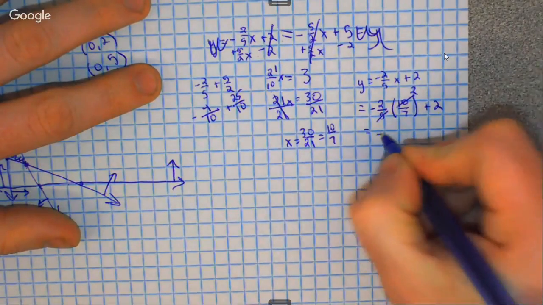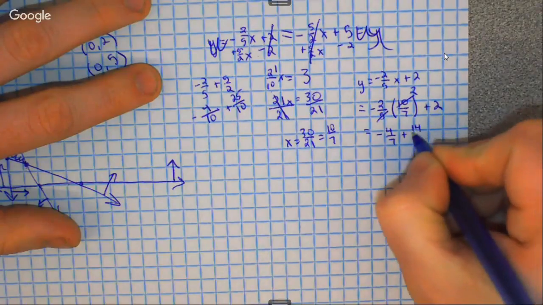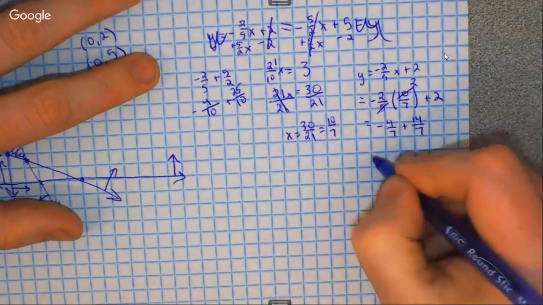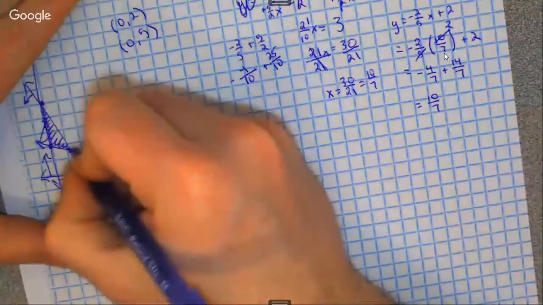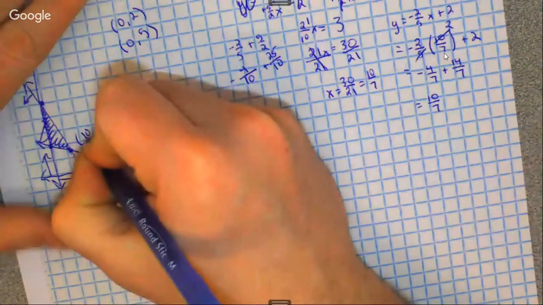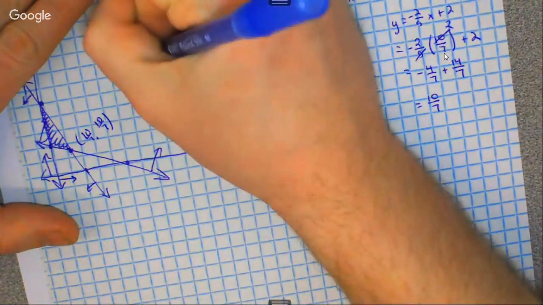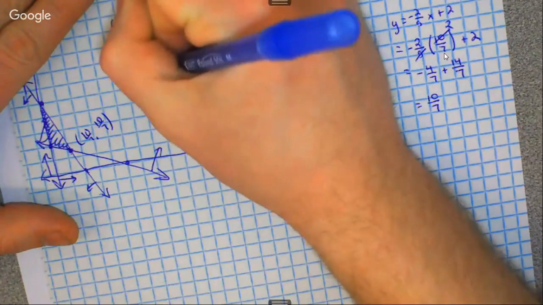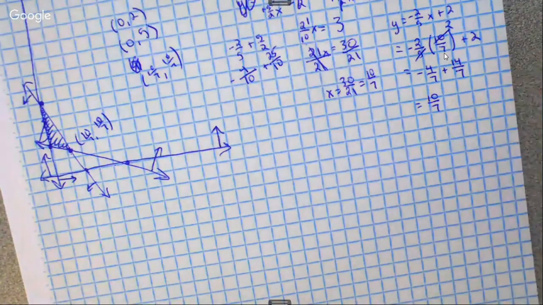So you get negative 4 over 7 plus 2, which is 14 over 7. And you get 10 over 7. So actually this point right here is 10 over 7, comma 10 over 7. That would be that point right there. So we've got those 3 points.